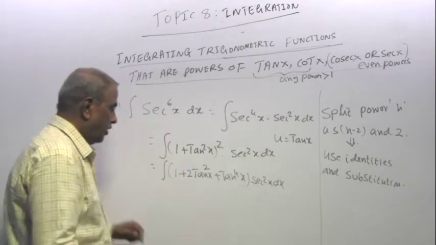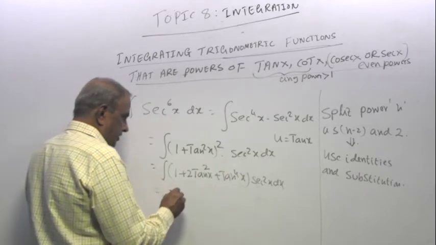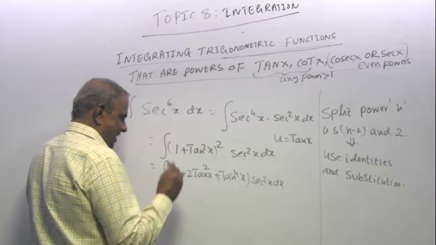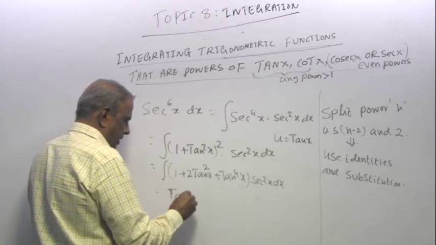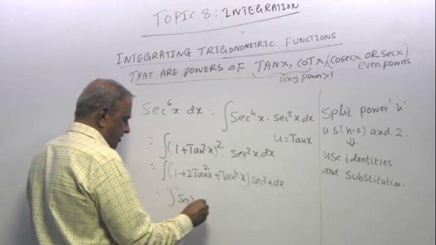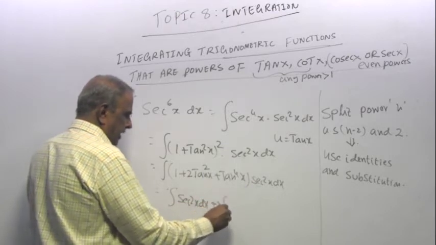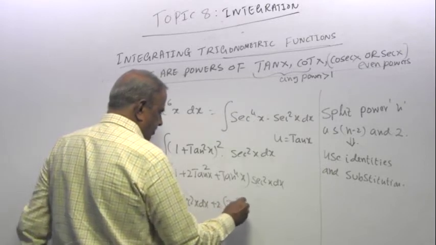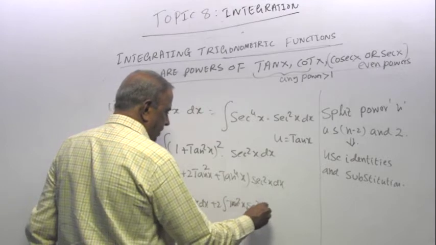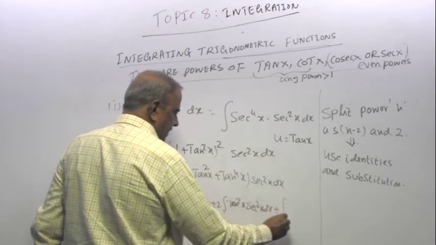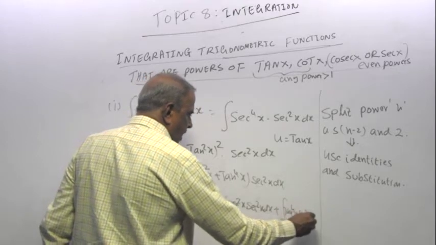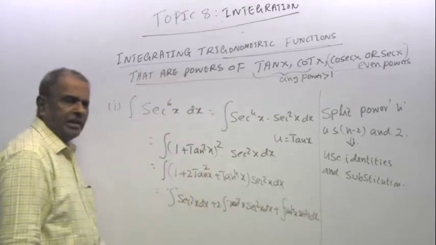Sec squared x gives you tan x. Let me show you how. Integral sec squared x dx plus 2 integral tan squared x sec squared x dx. You know why I'm doing it this way? I'll tell you in a minute. Plus integral tan power 4x sec squared x dx. Why am I writing this?